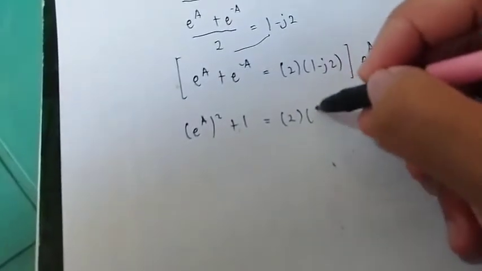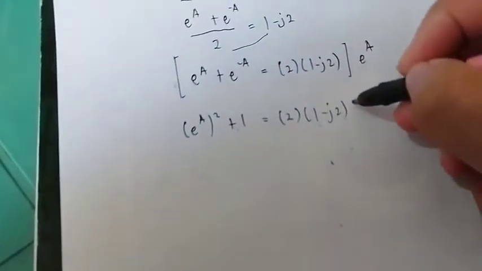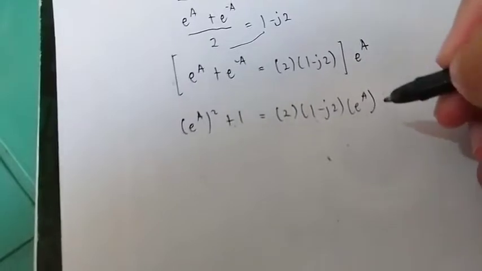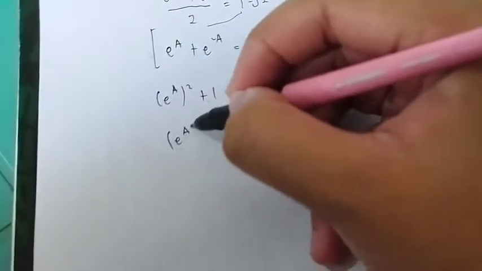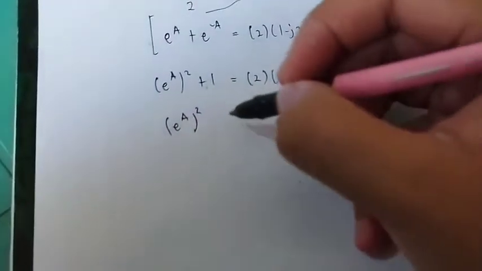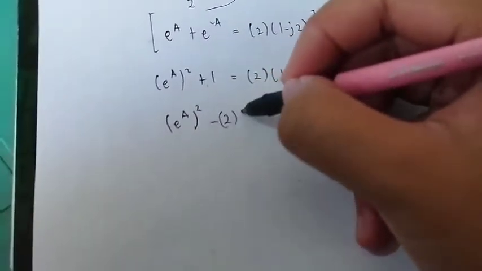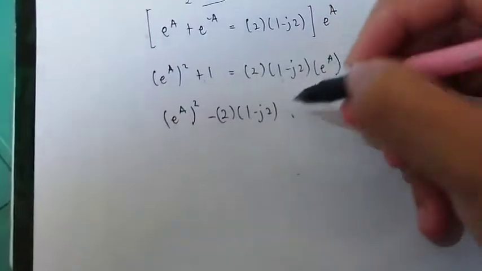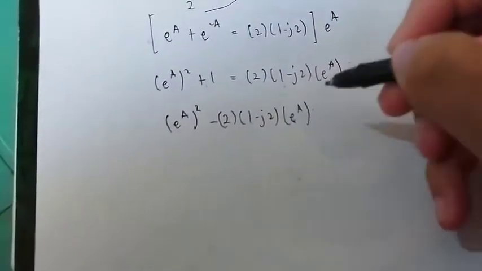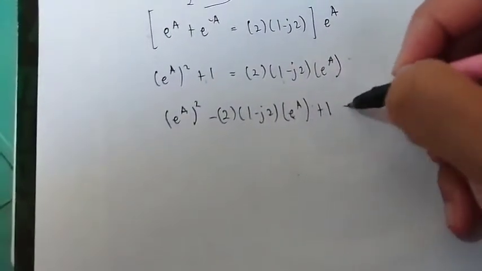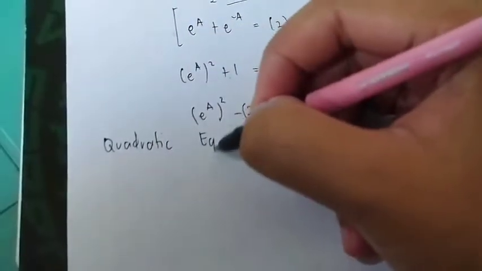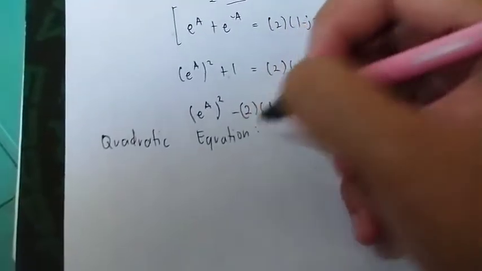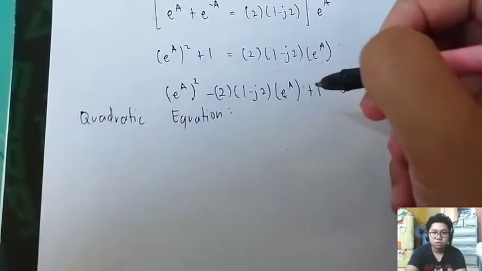And e raised to A squared plus 1 equal to 2 times 1 minus j2 times e raised to A. Then we will transpose, that is e raised to A squared minus 2 times 1 minus j2 times e raised to A, so that will become a quadratic equation.